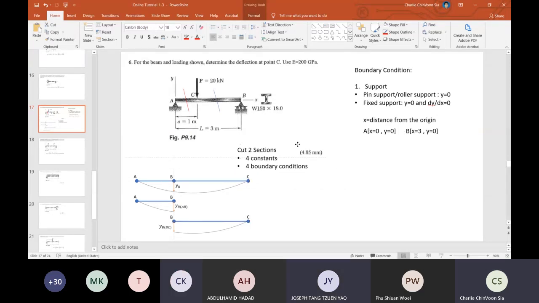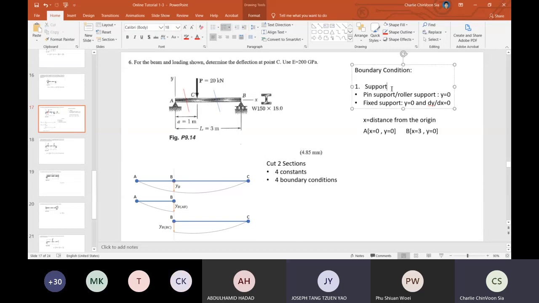The second way, the boundary condition can be determined at the common point. So where is the common point?